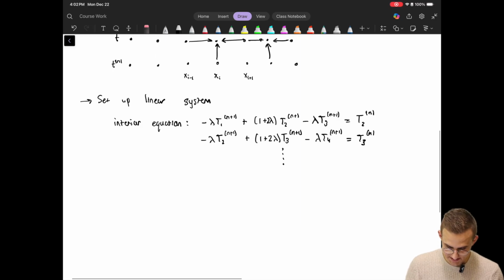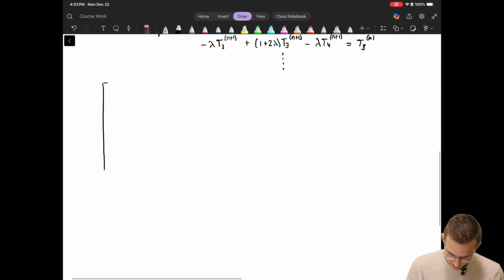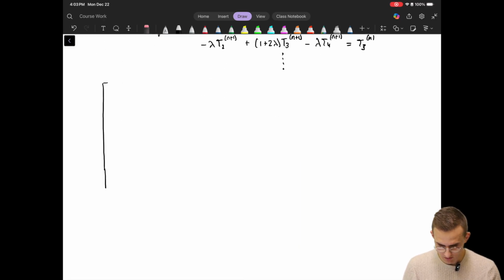And what you're going to end up with is a tridiagonal matrix, right? So here's what that looks like. There are actually two different ways that we can deal with the boundary.